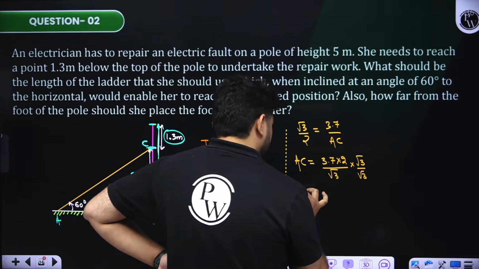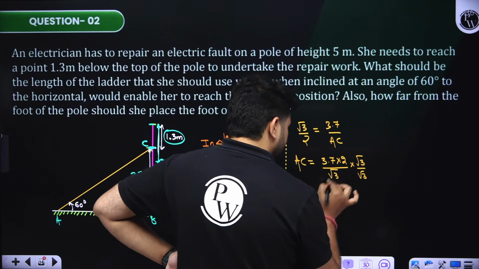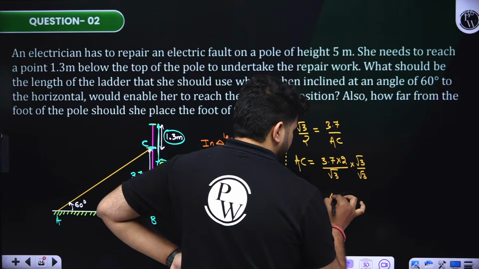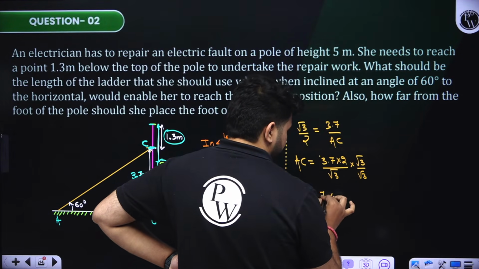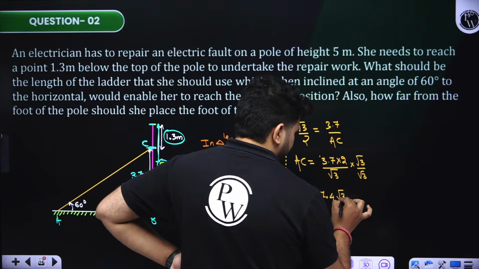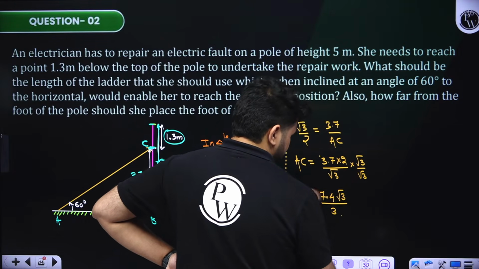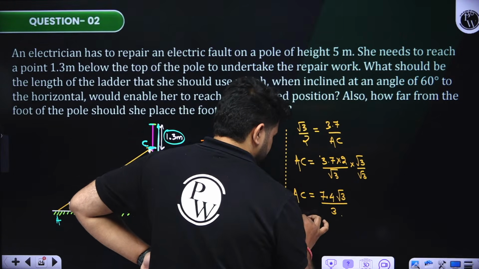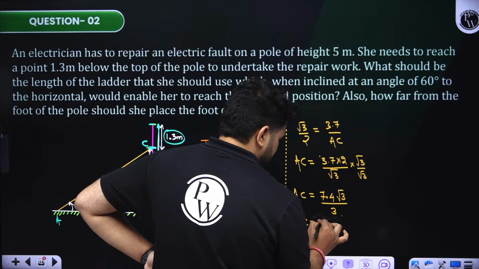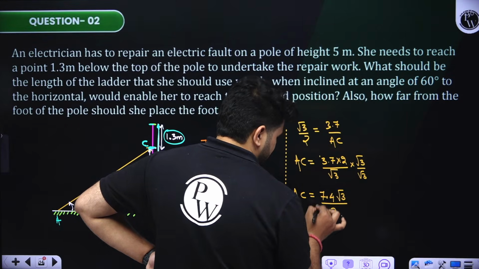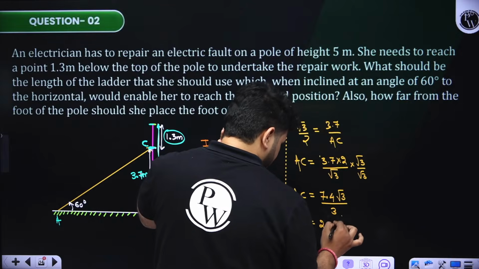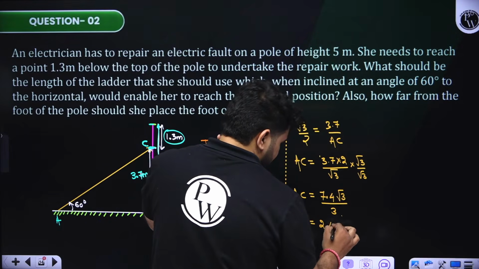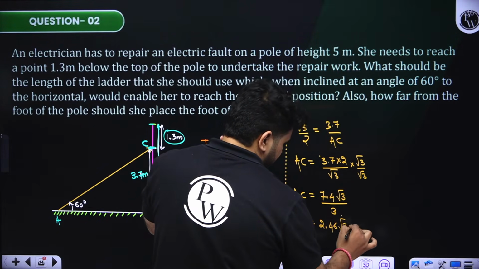So AC equals 7.4 root 3 divided by 3, that is 2.46 root 3 meter.